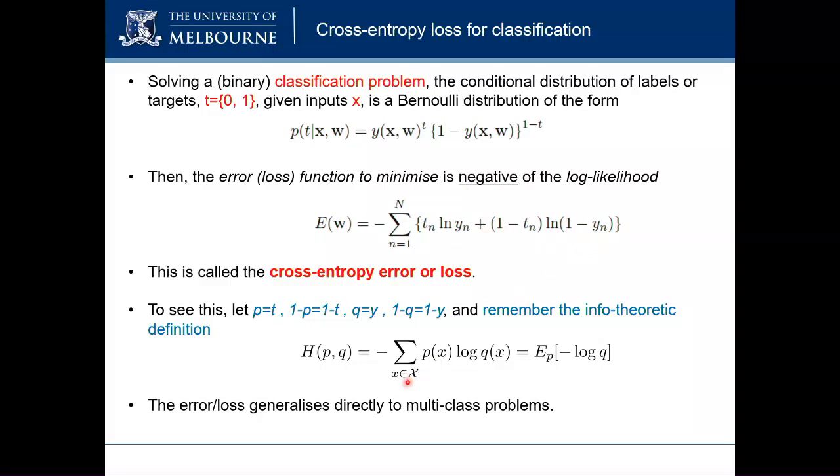We did this two-class version, but cross-entropy loss is more general over all possible multiple classes, so it generalizes directly to multi-class problems. So the bottom line is, if I'm doing regression, I use the minimum mean square error, which is equivalent to using maximum likelihood estimation of my parameters.